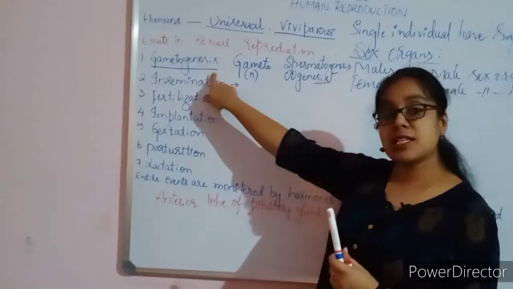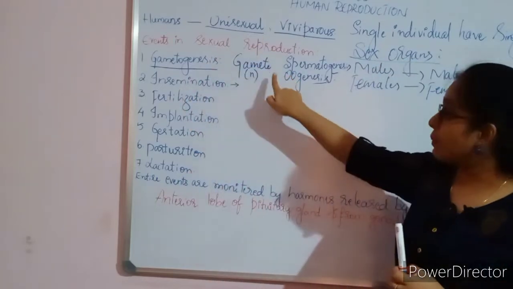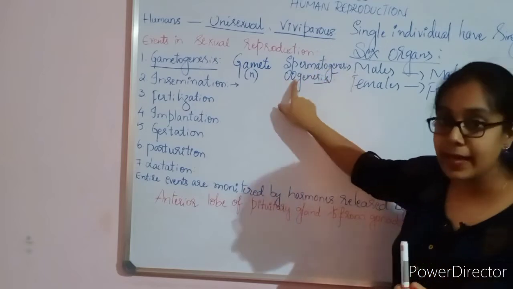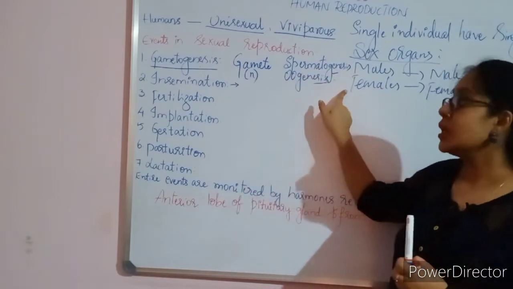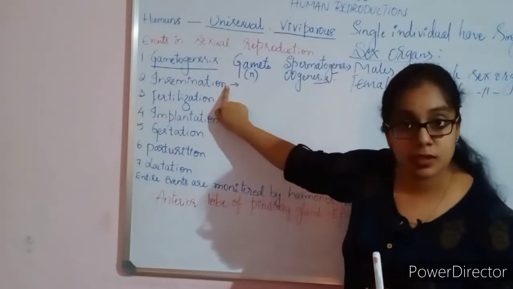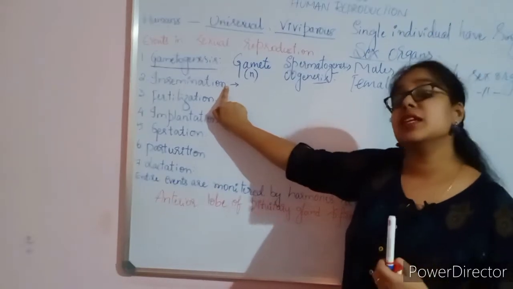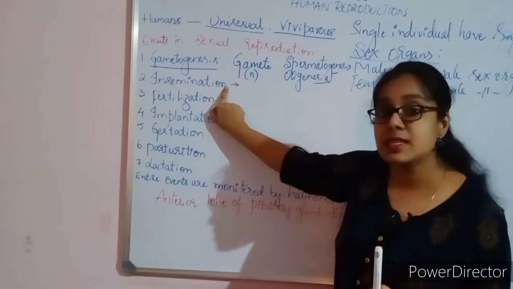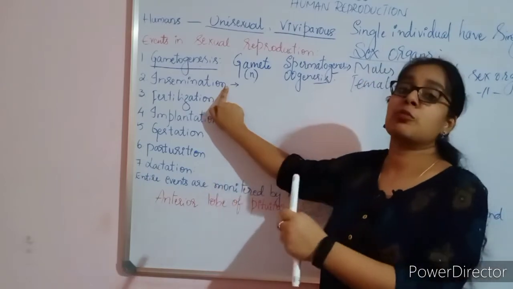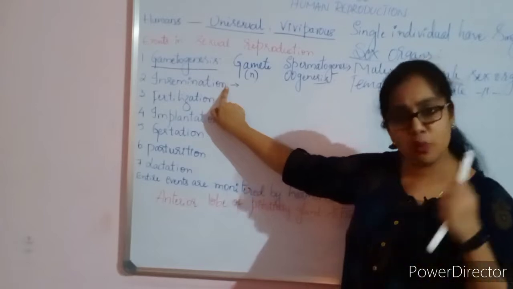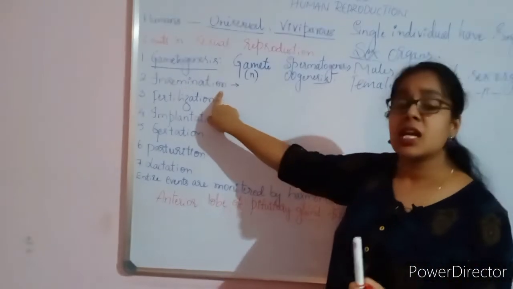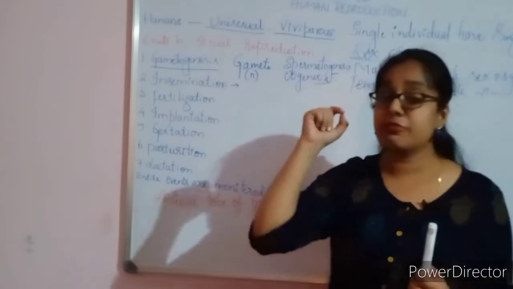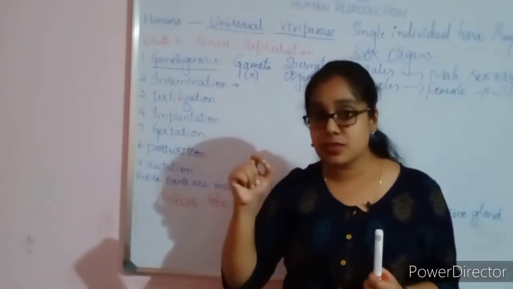Yes. So the next event is insemination. In the gametogenesis process, gametes are produced, that is sperm in case of males and egg in case of females. Coming to insemination, what is insemination? It is the process wherein sperm reaches the female reproductive system.